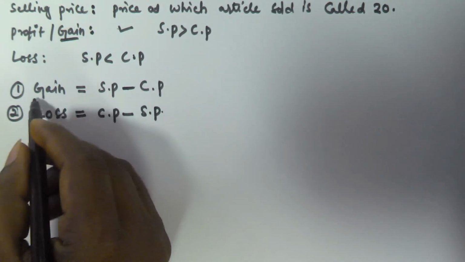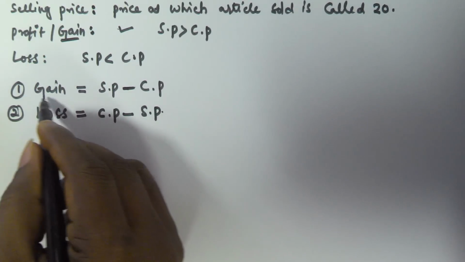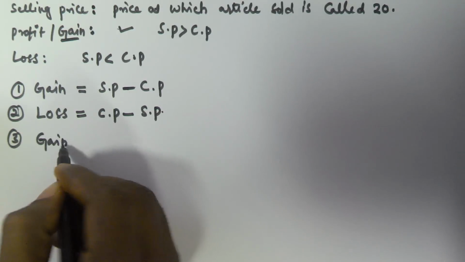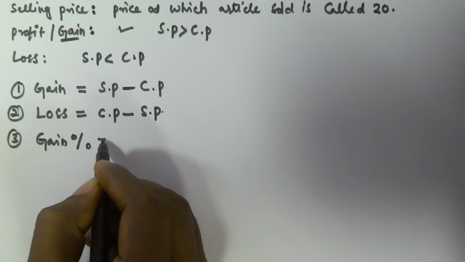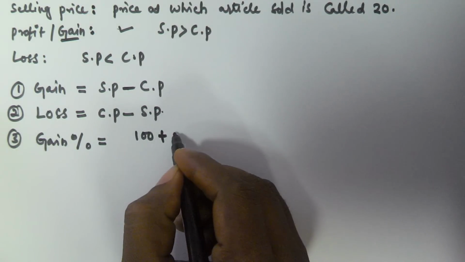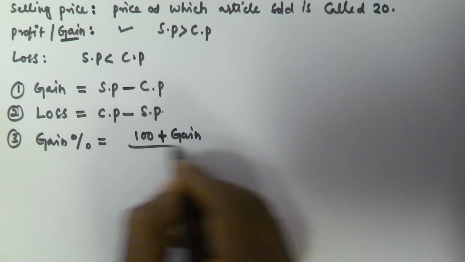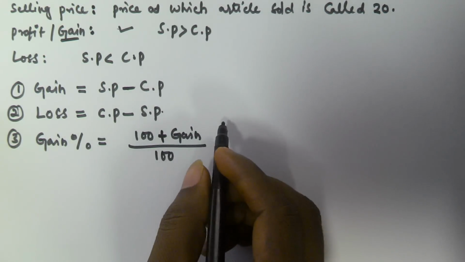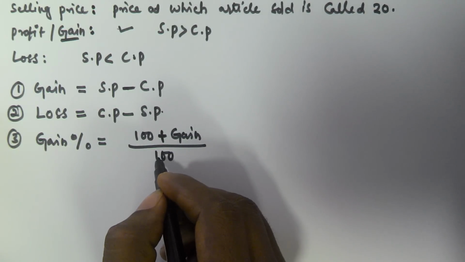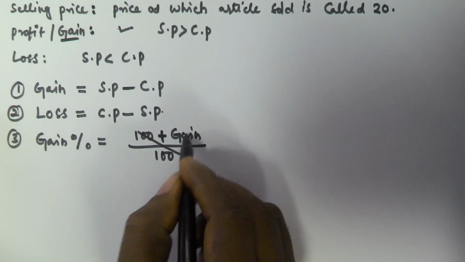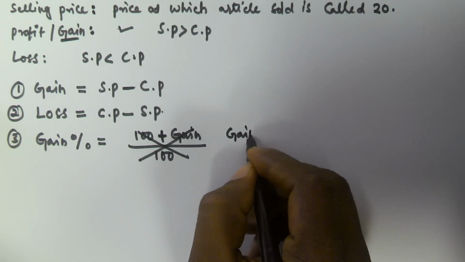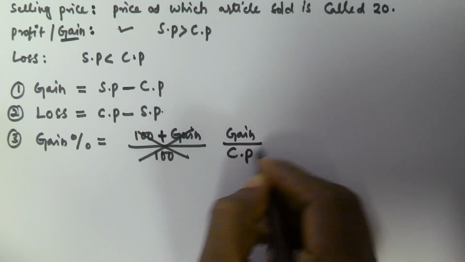Whenever there is a gain, we may want to calculate the gain percentage. The gain percentage is given by the gain divided by the cost price, into 100.